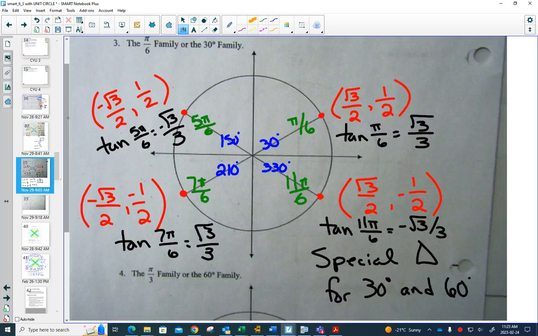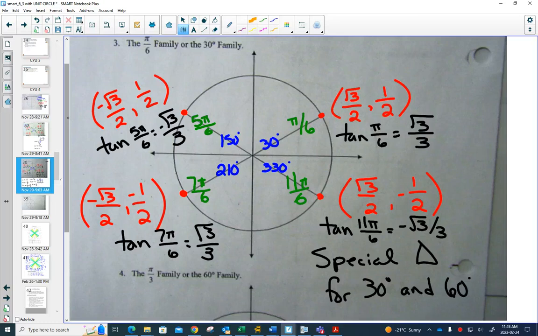And then sine of 17 pi over 6 is going to be positive 1/2. The nice thing about radians is it'll be easy to figure out reference angles. Because 17 pi over 6 has a reference angle of pi over 6. 23 pi over 6 will have a reference angle of pi over 6.